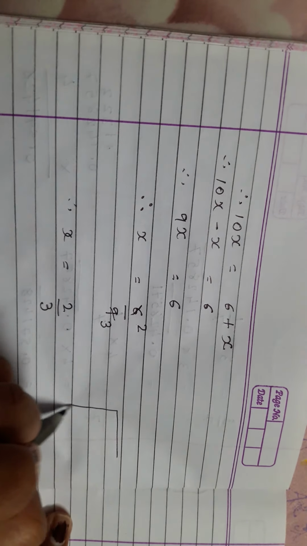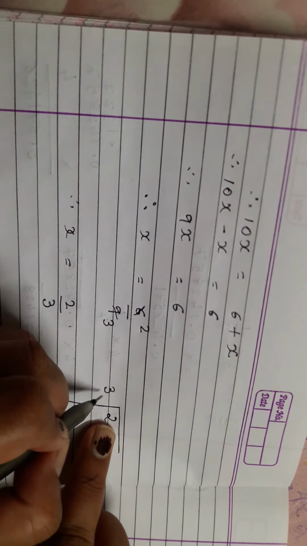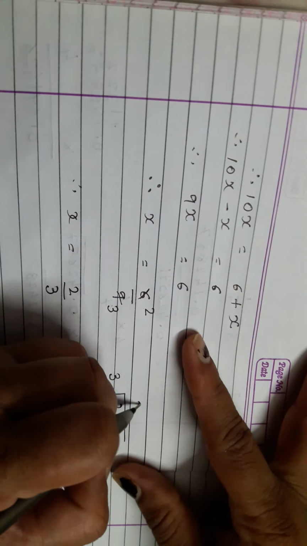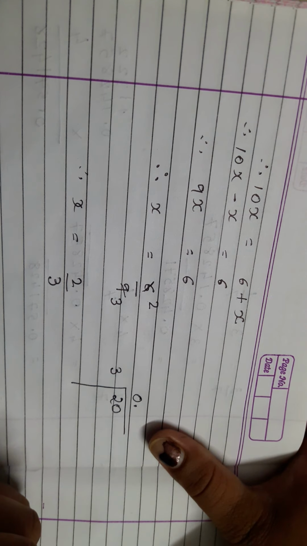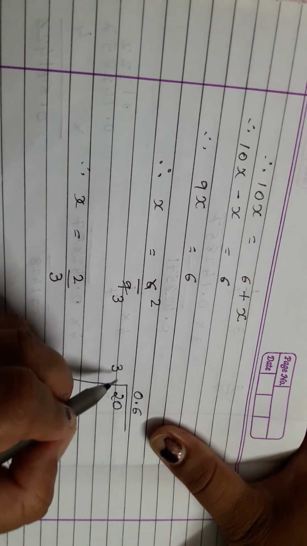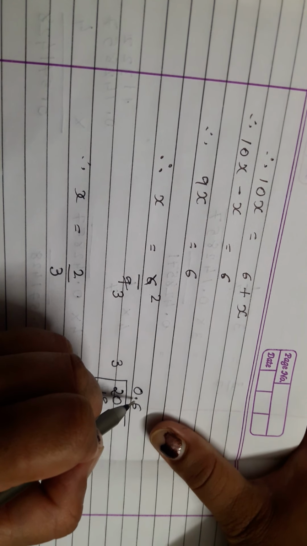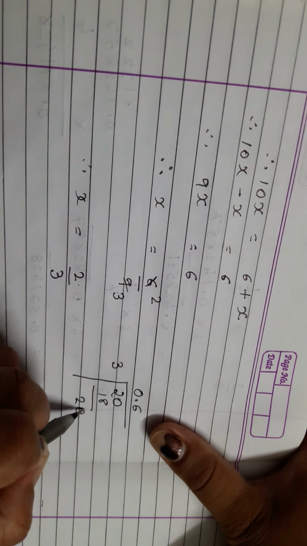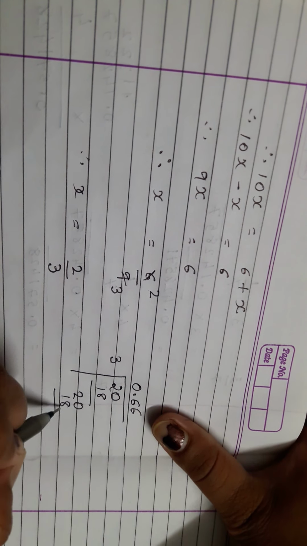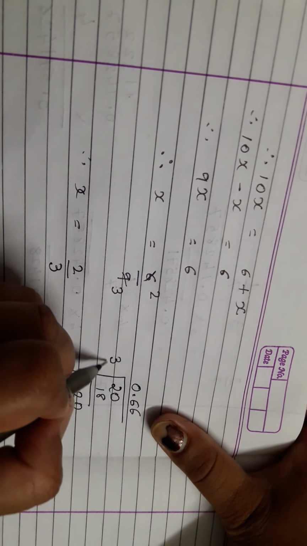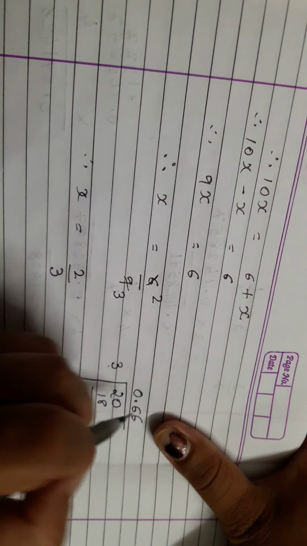And if we divide 2 by 3, 2 is less than 3, so we put the decimal point here and put a 0. We know 3 sixes are 18, 20 minus 18 is 2. Again we put a 0 because we have the decimal point.